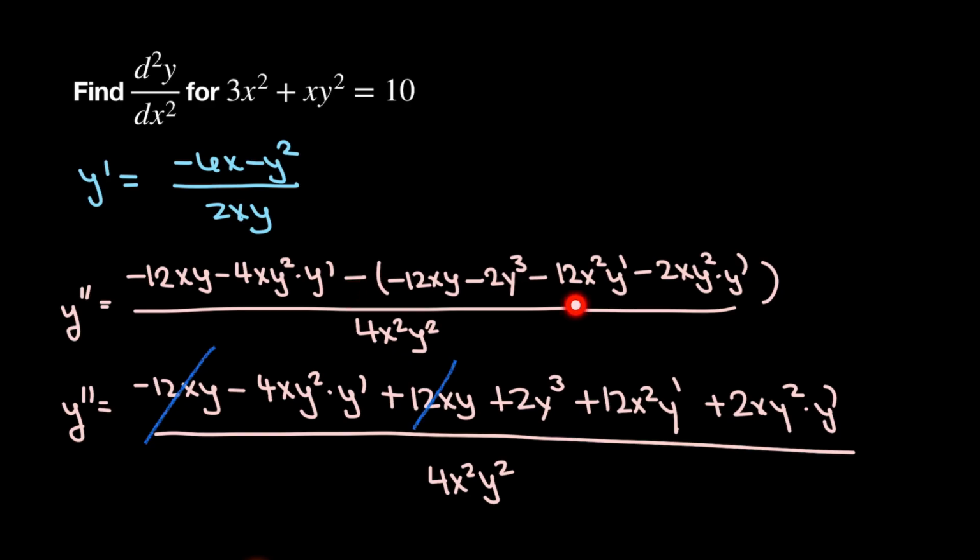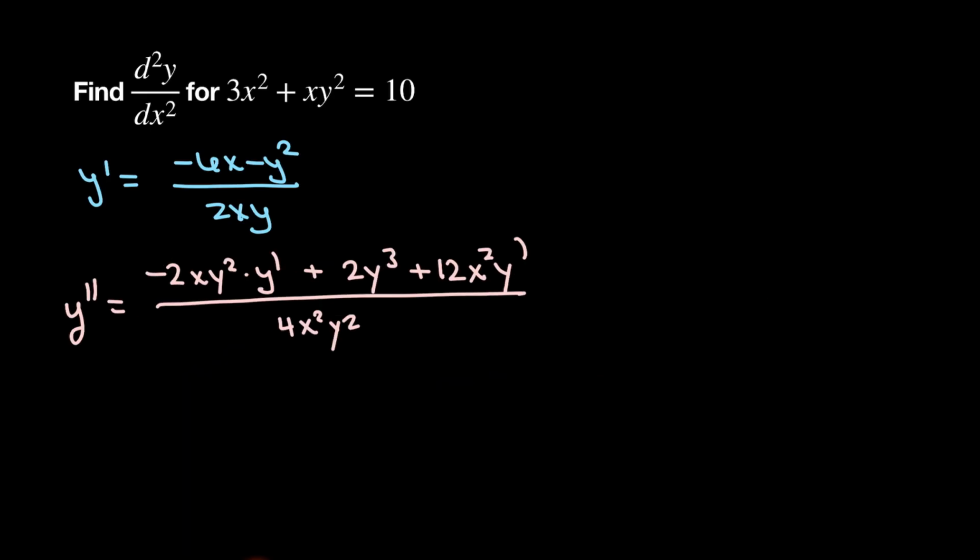All right, so let's distribute that negative sign and combine like terms. So I distributed the negative sign. That actually took all of these terms inside the parentheses and made them positive. And then I'm going to try to combine my like terms, and, well, the 12xy's cancel out, so that's nice.